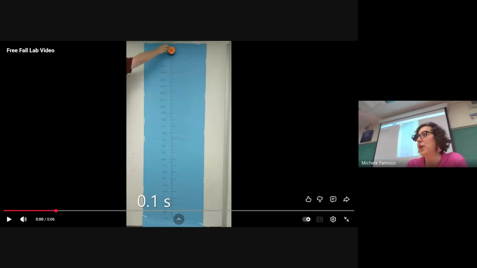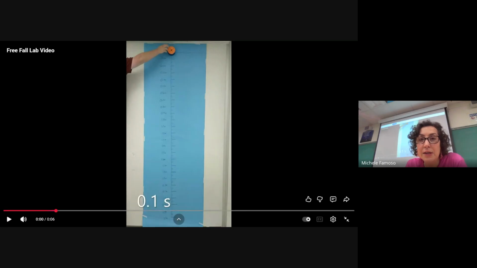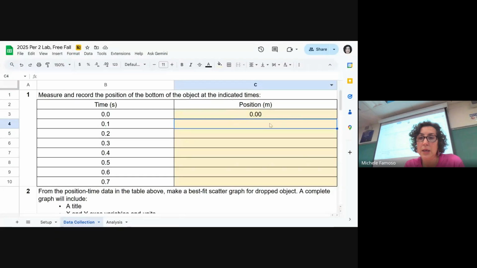We're not quite there yet. We're a little bit above that line that's halfway between here and here. So I'm going to say it's not even halfway. It's at about 0.13. I'm sorry, about 0.03, because 0.13 would be beyond this. So for our first position, at 0.1, we're going to type 0.03.